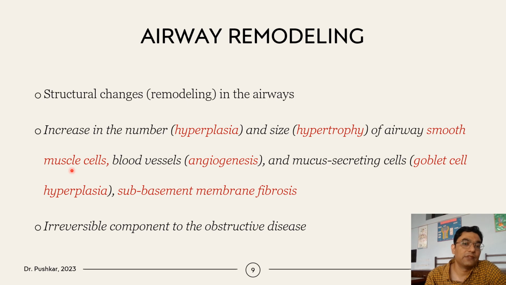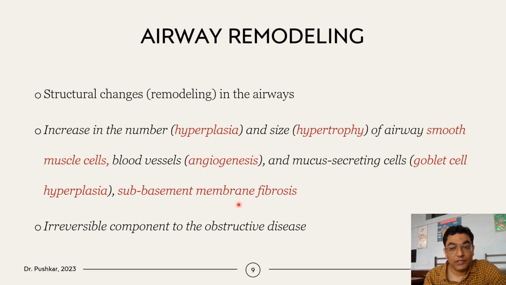As well as there is angiogenesis, and hyperplasia of the mucus-secreting goblet cells, so a lot of goblet cells secrete a lot of mucus, as well as fibrosis of the sub-basement membrane.